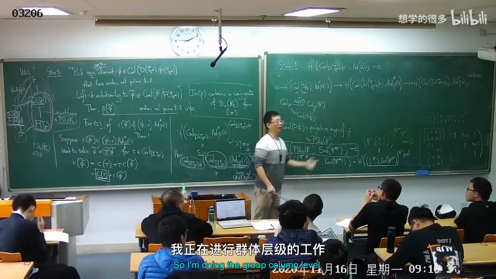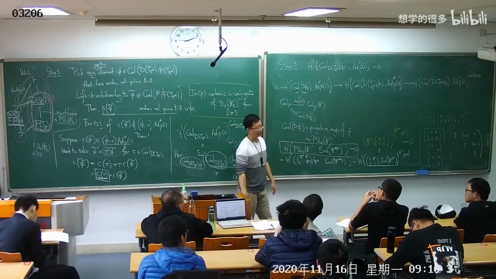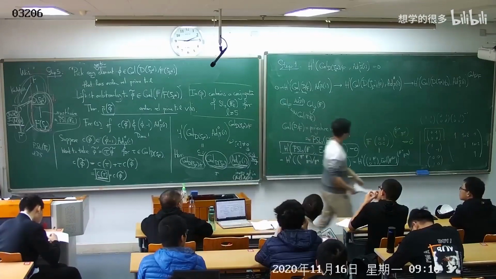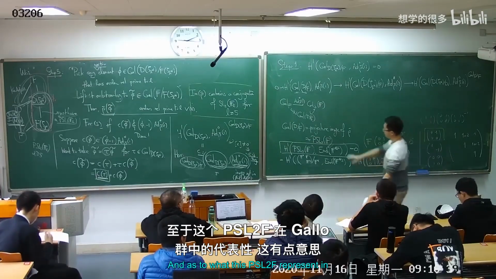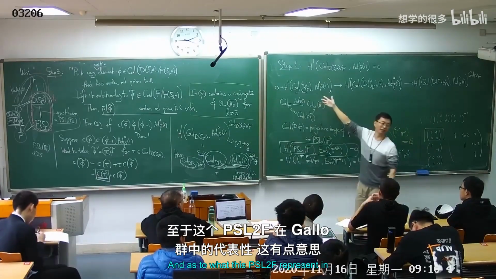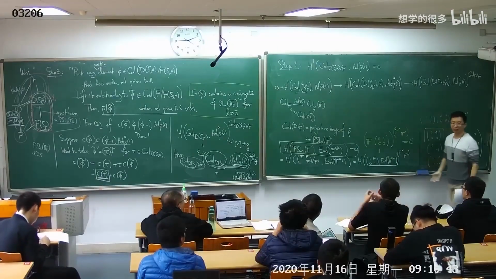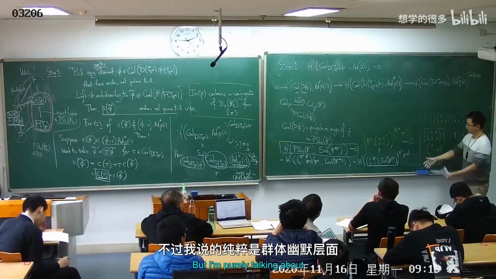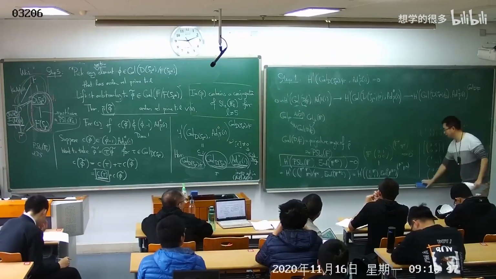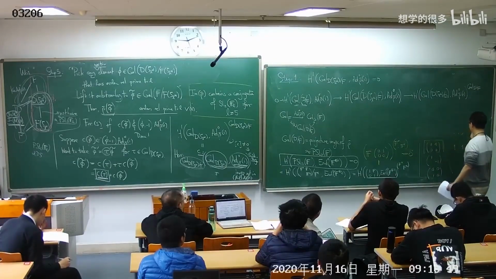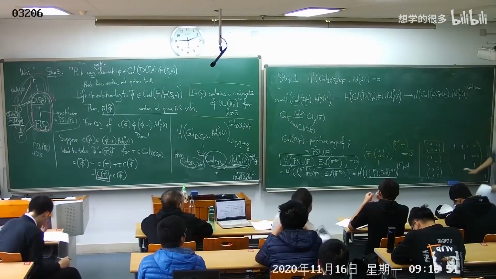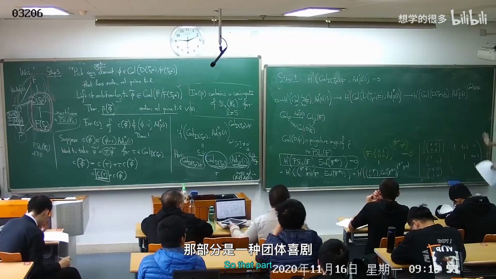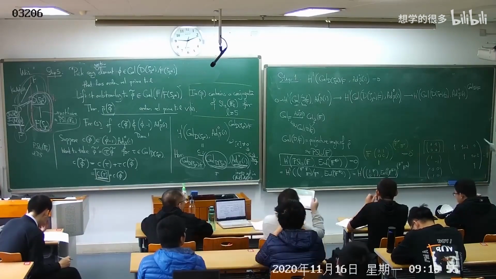So I'm doing it at the group cohomology level. And as to what this PSL2F represents in the Galois group, there's a twist, I agree. But I'm purely talking about the group cohomology level. That's okay. So that part is some sort of group cohomology.